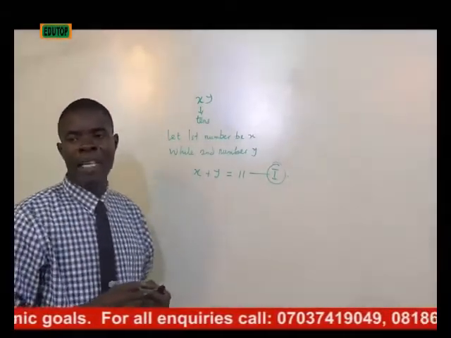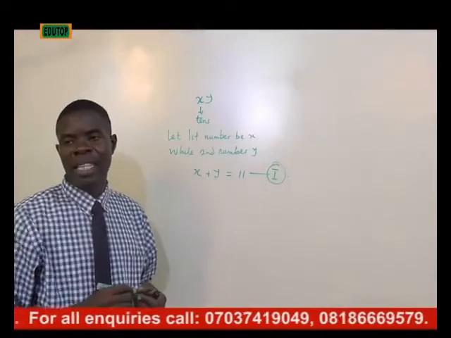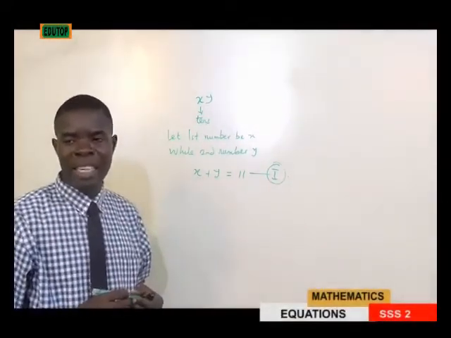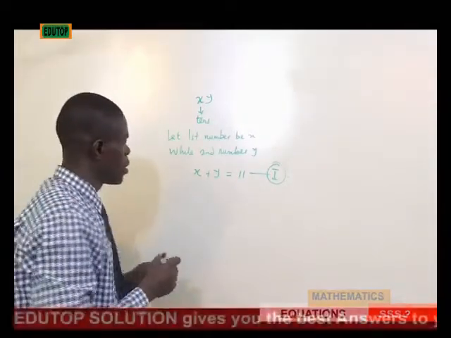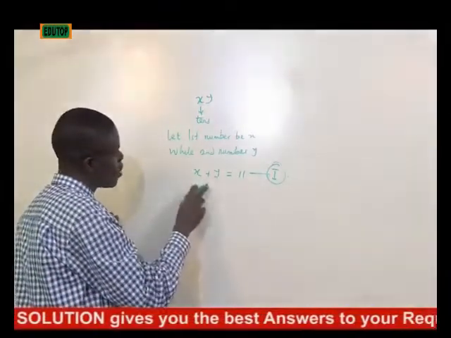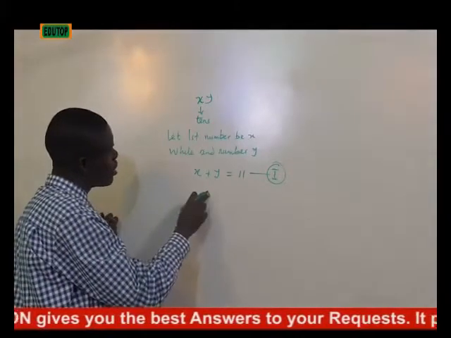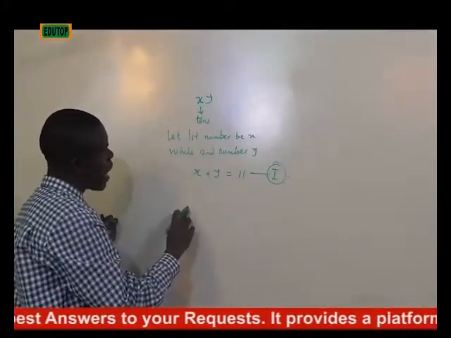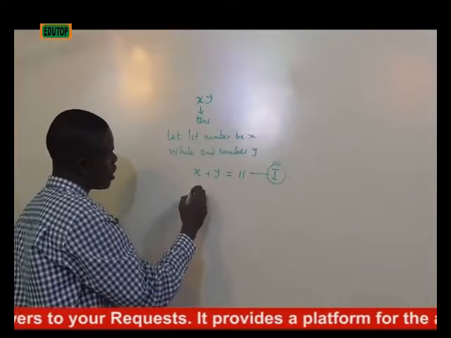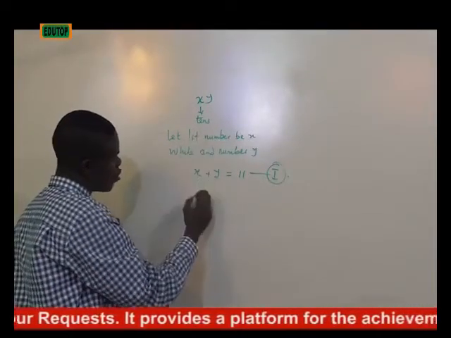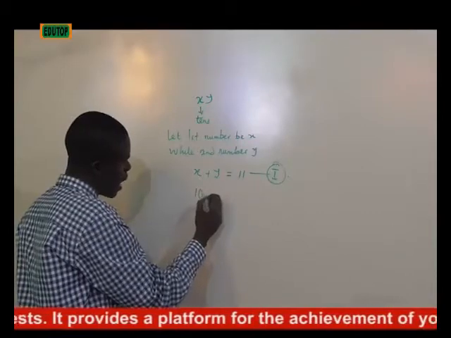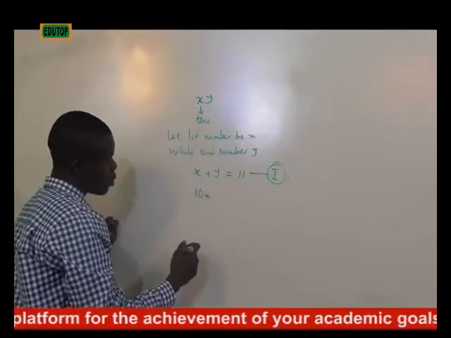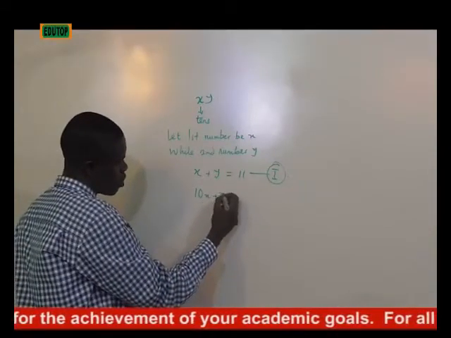The number is 27 greater than the number obtained by interchanging the digits. In the case where you interchange the digits, remember that x is occupying the tens position. So definitely it will be 10x, because x is occupying the tens position, then plus y.